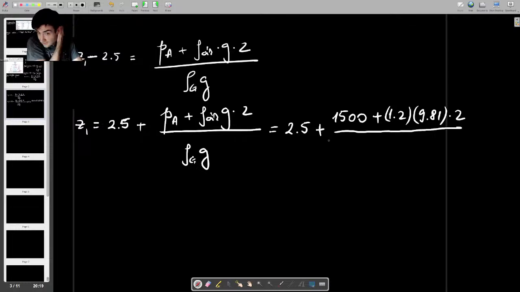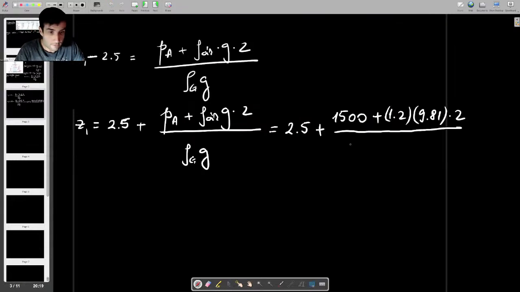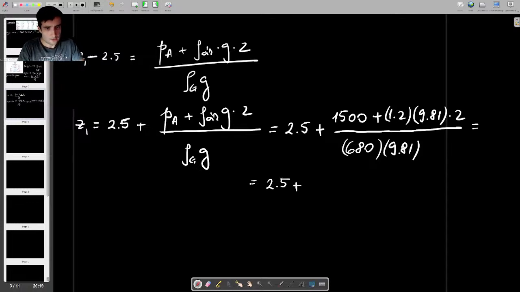And then this is divided by the density of the gasoline, which is 680, right? So I'm looking at this. This is 680, multiplied by, again, 9.81. Now we just plug the numbers in and see what we get. On the top I have 1.2 times 9.81 times 2 plus 1500, so this is 1523.54, and this is 680 times 9.81.